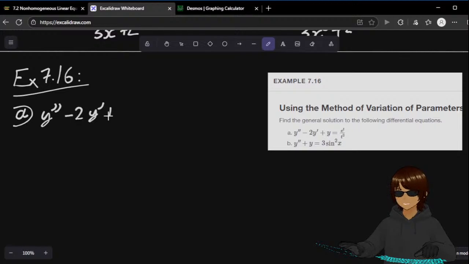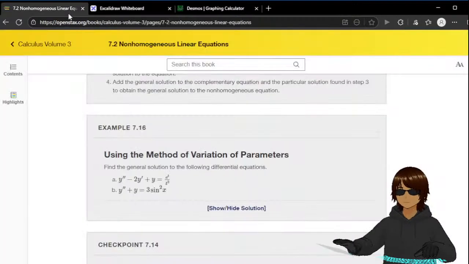So first we find the complementary solution, right?